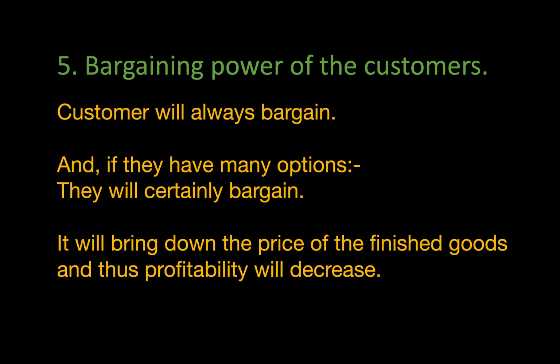If many players are there and they are all targeting this customer segment, they all try to be better placed in terms of pricing. And when they try to do that, they will keep bringing down the price. And if that happens, because you are giving up, or the business is such where customer bargaining power is very, very high, the companies have to bring down the final product or service cost, and in that case the profitability will decrease as well.